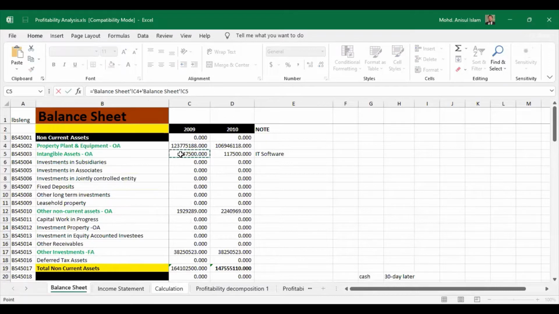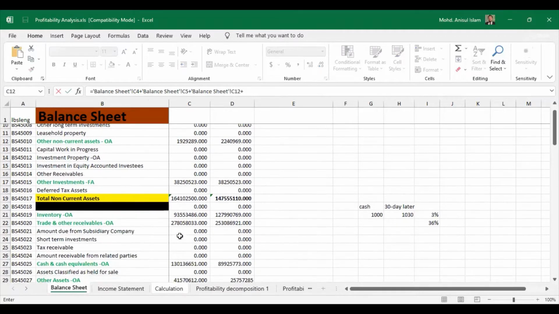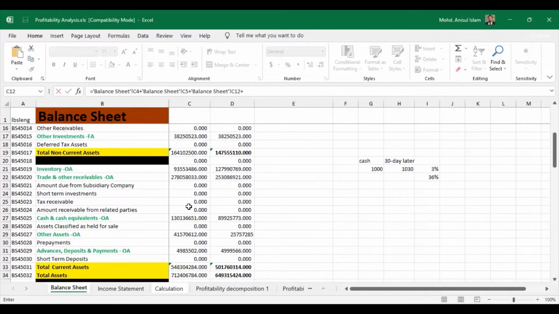Intangible assets, I made a statement that it's for software, IT software. And the other non-current assets, I have made operating assets, and other investment should be part of the financial assets. I mentioned the reason earlier. The inventory should be part of the operating asset.